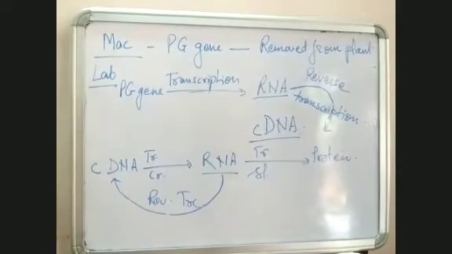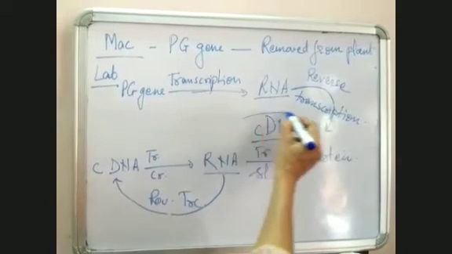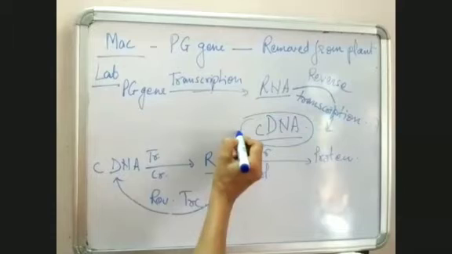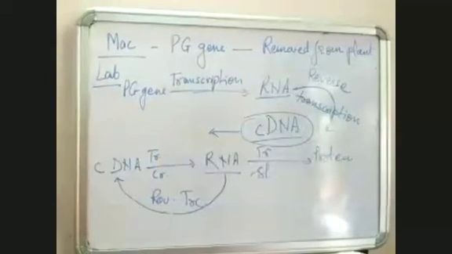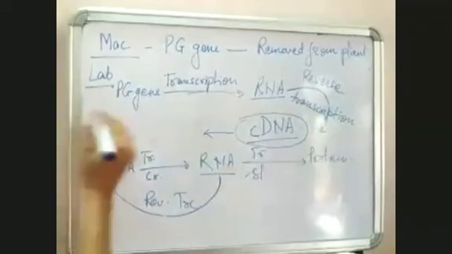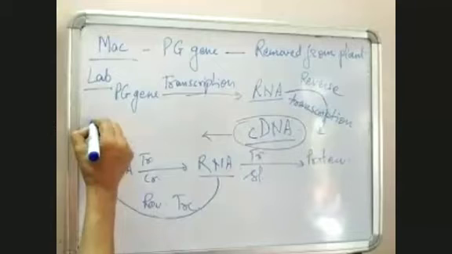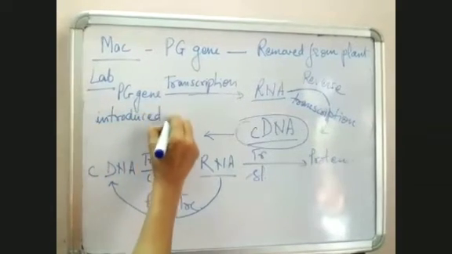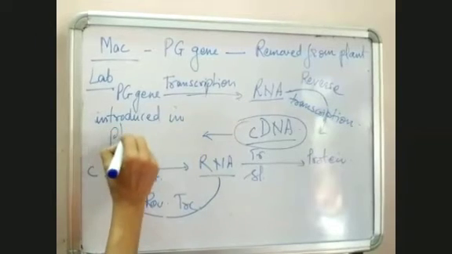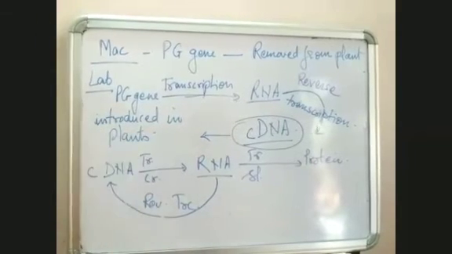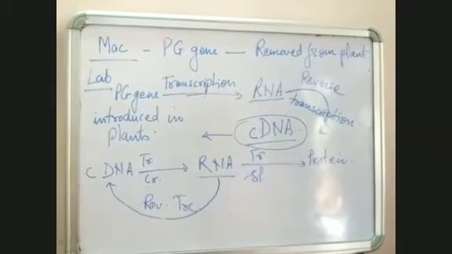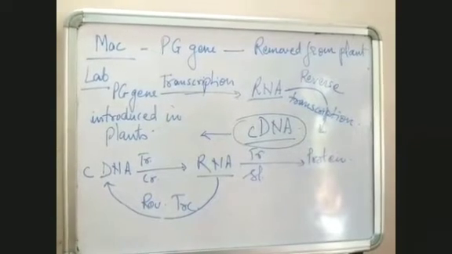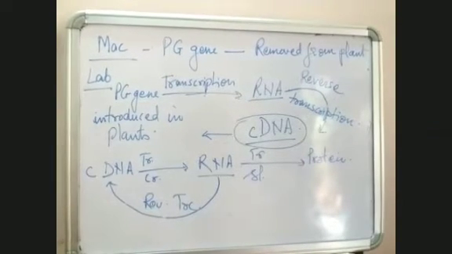Now what happened? This complementary DNA which was produced was introduced in the plant into its genetic constitution. So now the tomato plant which was formed had cDNA in it.